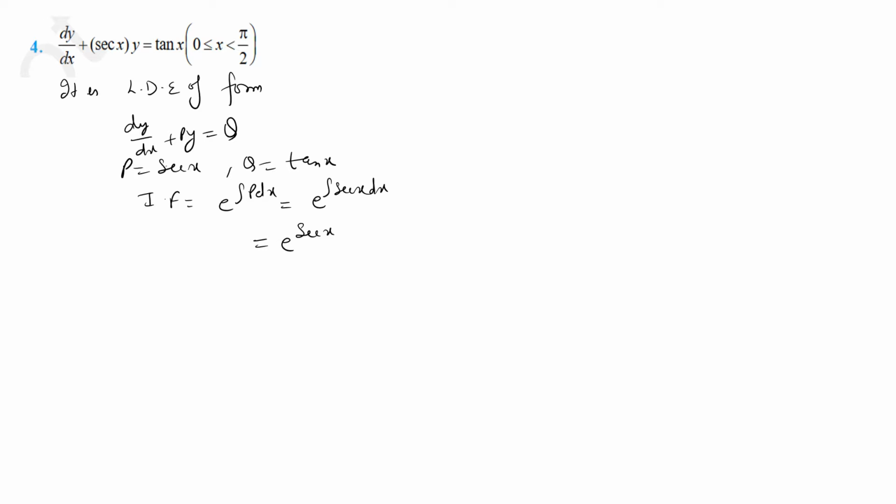The integral of secant x is log mod secant x plus tan x. So there is no need to put c here, and e and log are inverse functions of each other.